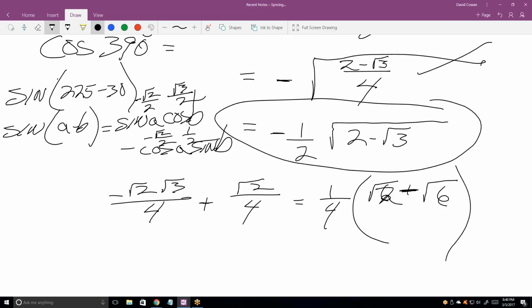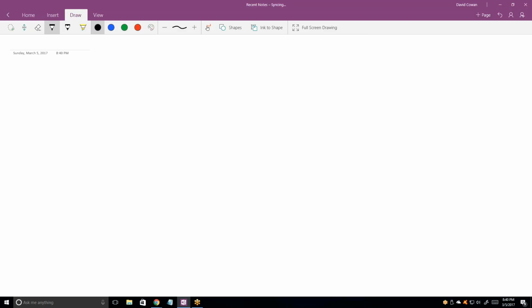What's interesting to me is that that's the same number as that, even though there's not a radical inside of a radical. We won't try to answer that problem tonight, but I don't think there is a problem there. I think that both of those were the same numbers.